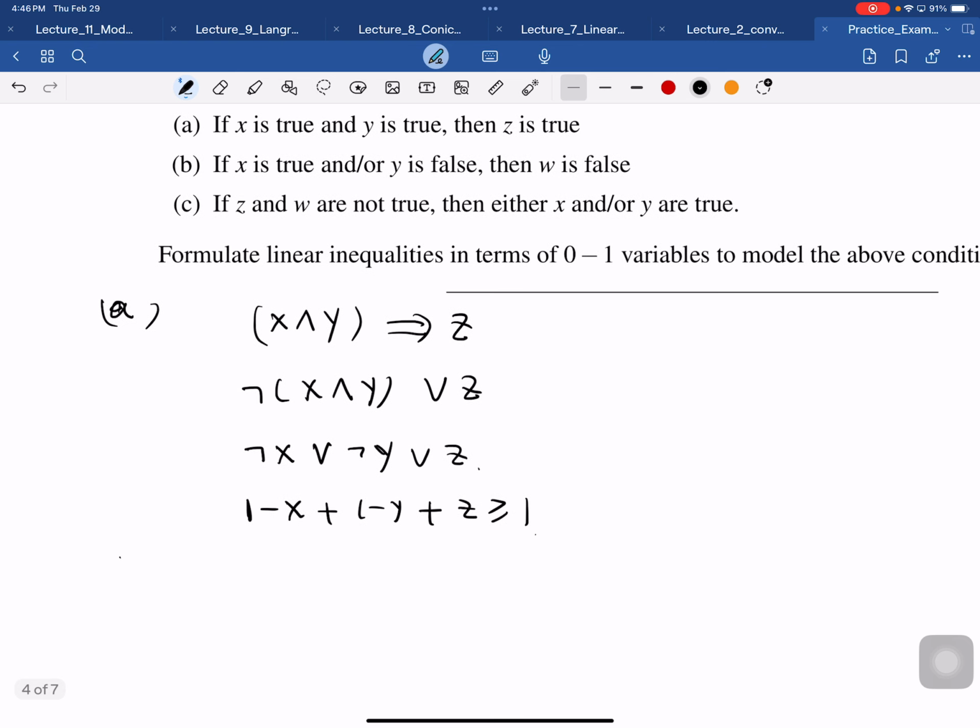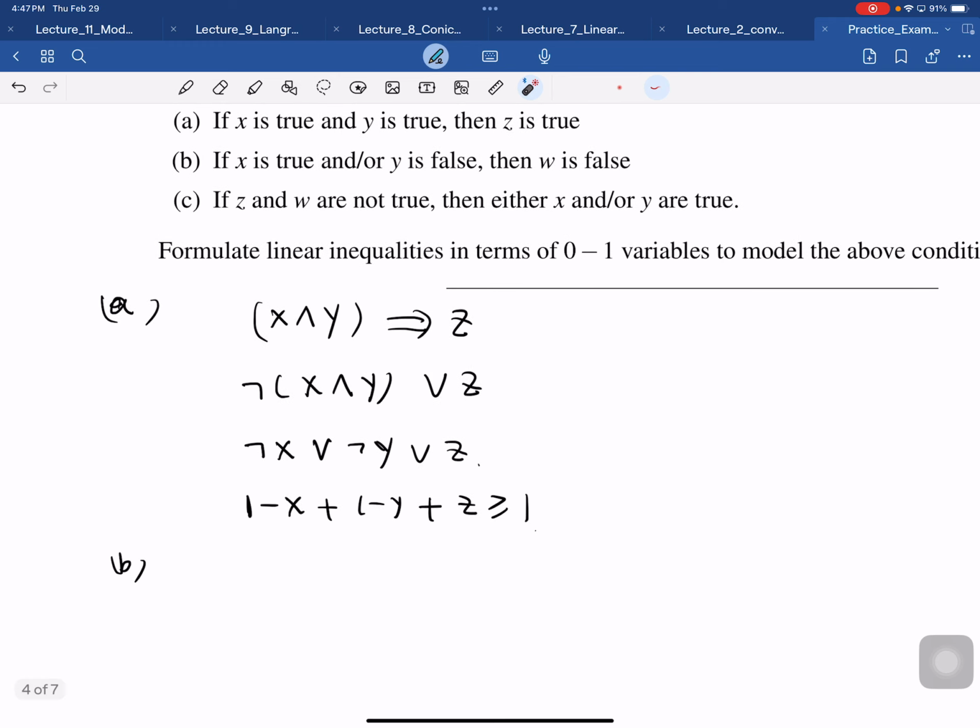Then for the second part, it says if x is true and/or y is false. Here it might be a bit confusing what and/or means. That means inclusive or. Okay. You can also do exclusive or, but you can just treat this as an inclusive or. And y is false, then w is false.